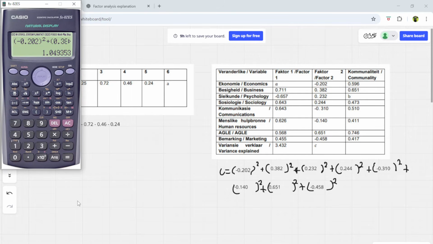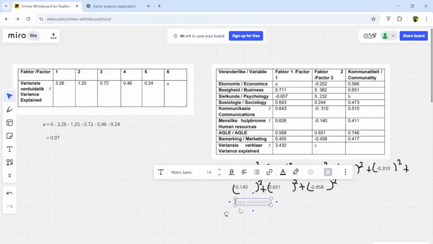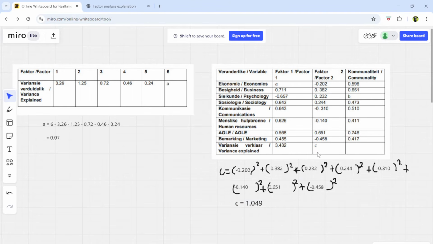So that would be the answer. The answer would be C equals 1.049. So that is the answer for the variance explained. So that is how you calculate variance explained when you're given the factor loadings.